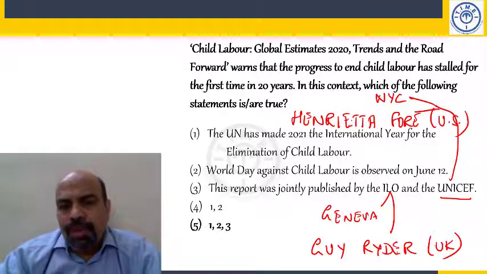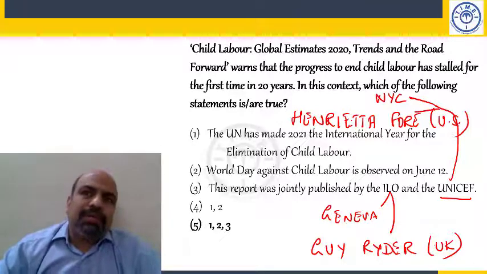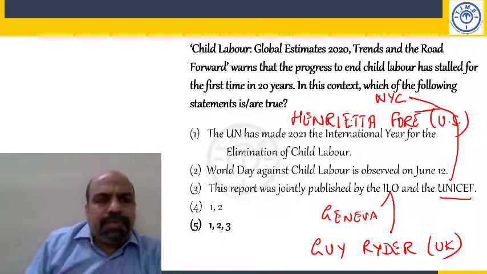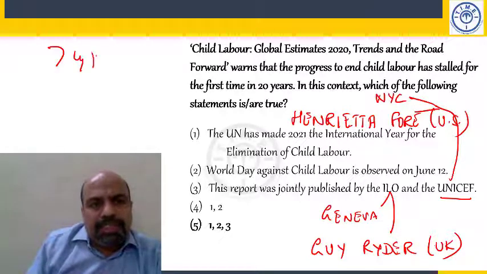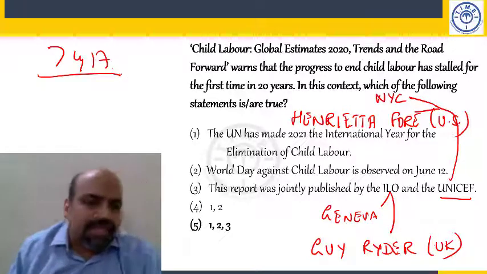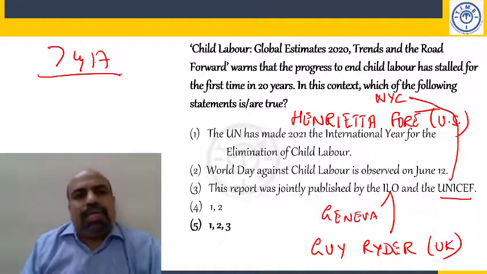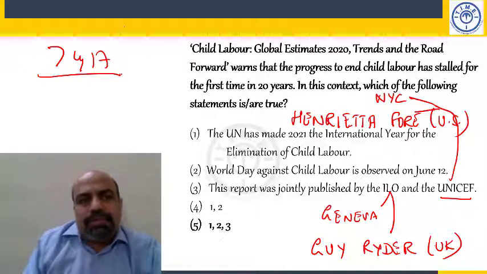So, child labor typically is looked at between ages 7 and 17. And in India, there are lower estimates, 13 million child labor.